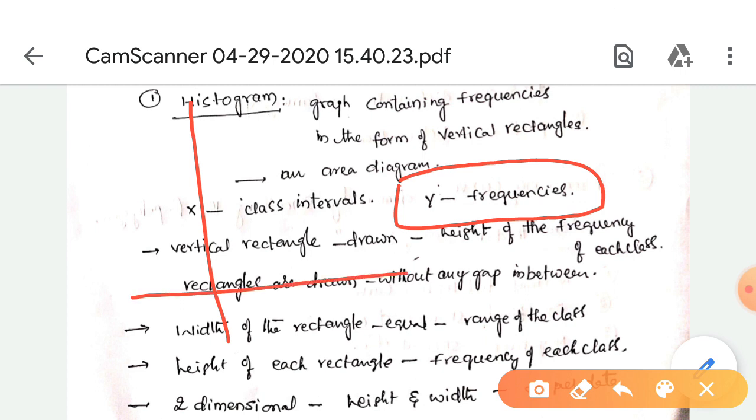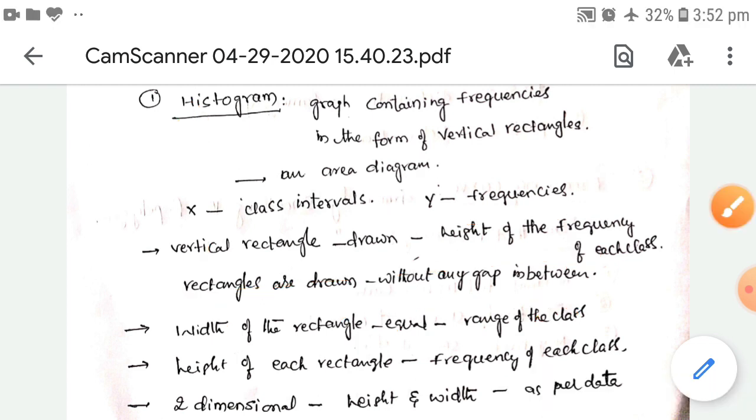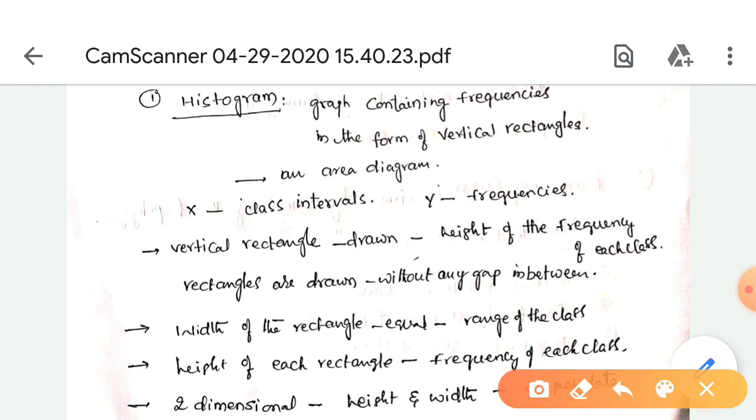Vertical rectangles are drawn as per the height of the frequency of each class.